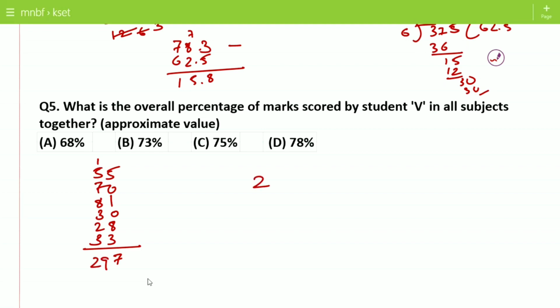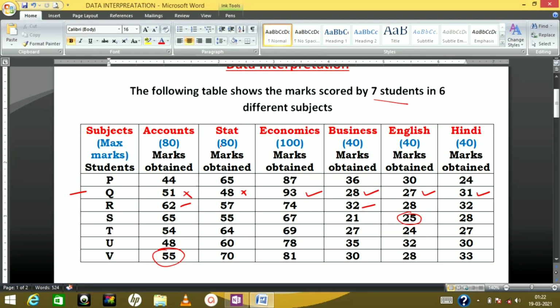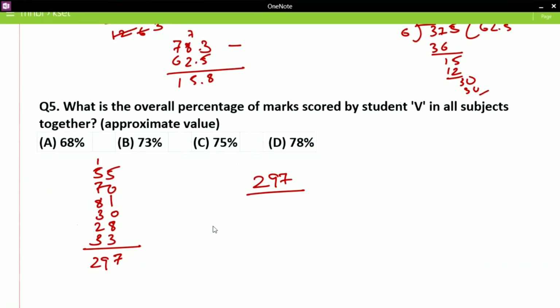So he has scored 297 out of how many marks? 80 and 80 160, 160 and 100 260, 260 and 40 300 and 80 380.